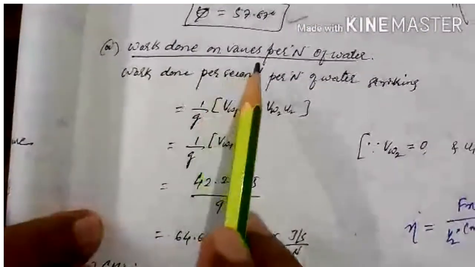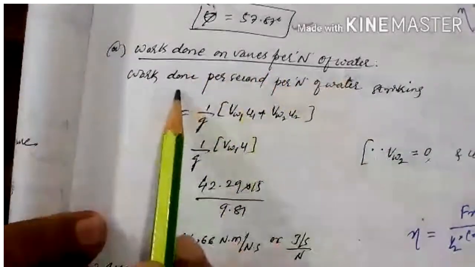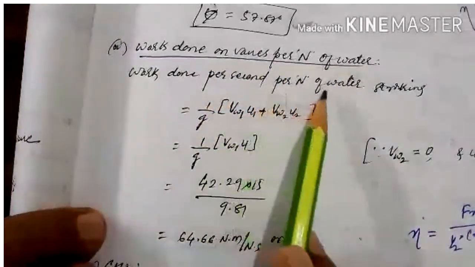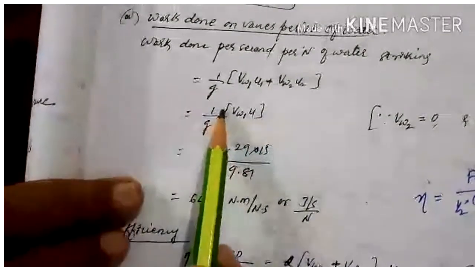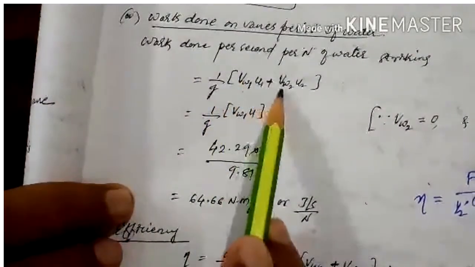And they asked also the work done on vanes per Newton of water, that means per weight. So work done per second per Newton of water striking. This is the formula. We know that it is 1 by g into bracket VW1 U1 plus VW2 U2.